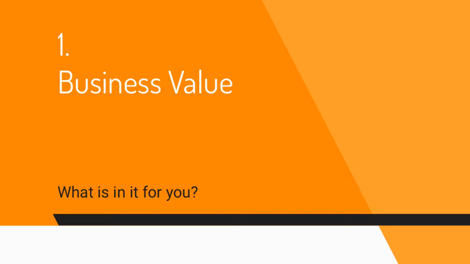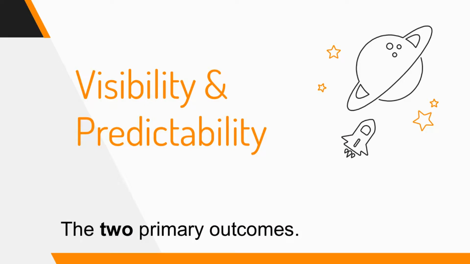So let's take a look at the first one, which is business value. Now, what is in it for you as a business owner, as a developer? The two things are visibility and predictability. Visibility in the sense that you'll understand what your application can do now by actually performing these simulations. You'll also understand what your application is capable of doing.